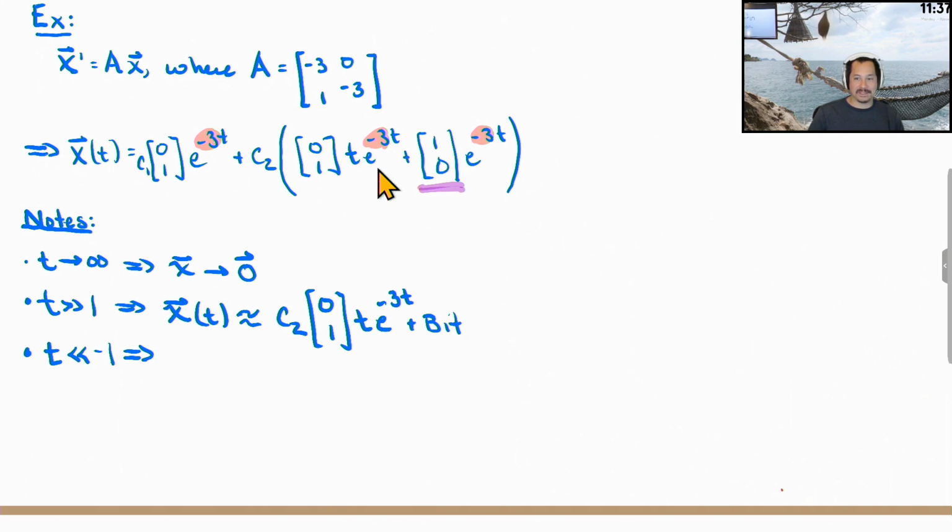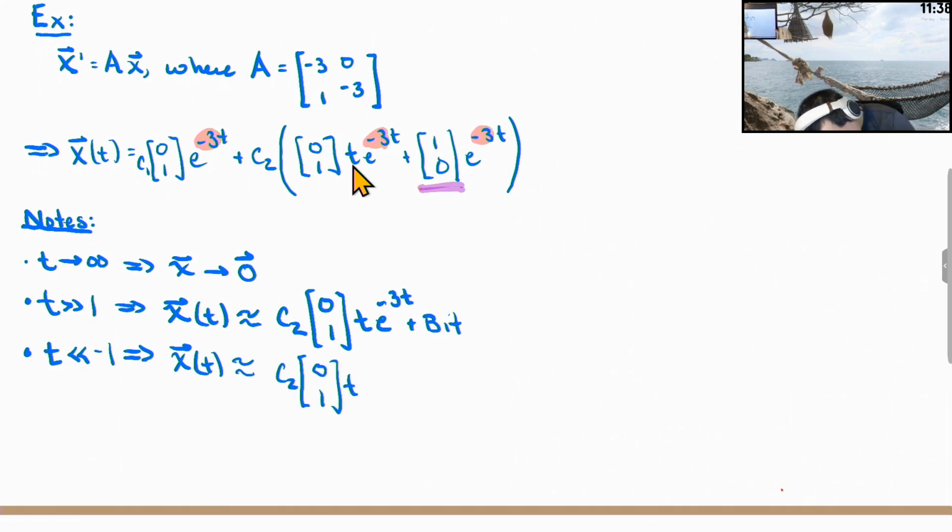All the exponentials are growing, but this exponential has a t multiplier, and if that t is a really big negative number, that t multiplier gives this one a little bit of oomph. That means even far backwards in time, it's the second term that dominates, and then there's a little bit of extra stuff from the other terms.